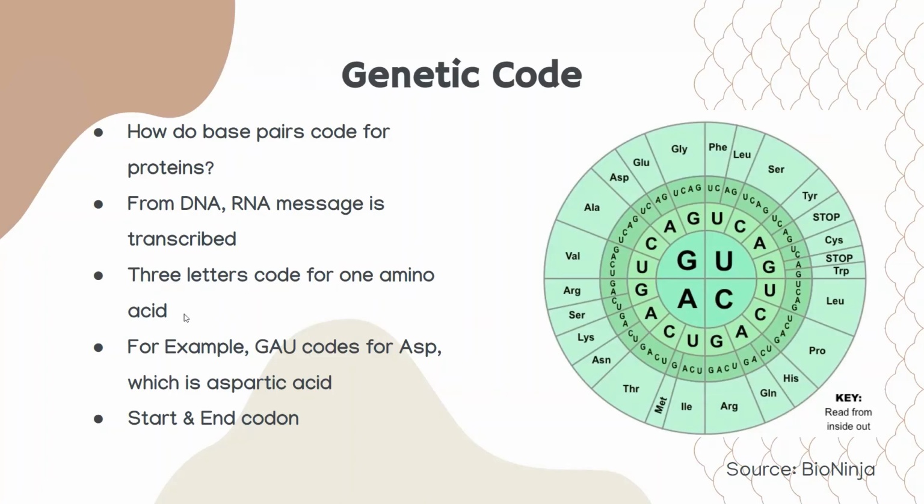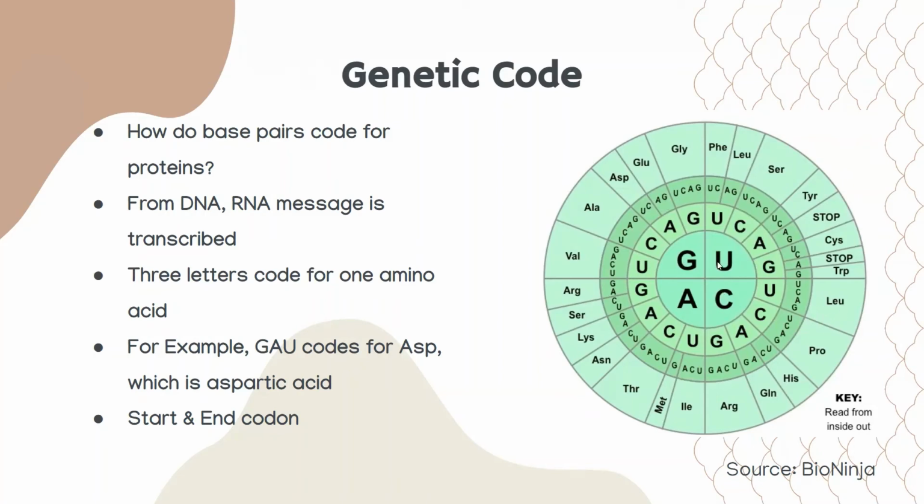Three letters of RNA code for one amino acid. For example, this is a diagram that is read from the inside out. Say you have a genetic code UCG. UCG codes for Ser right here, and CUG codes for leucine.